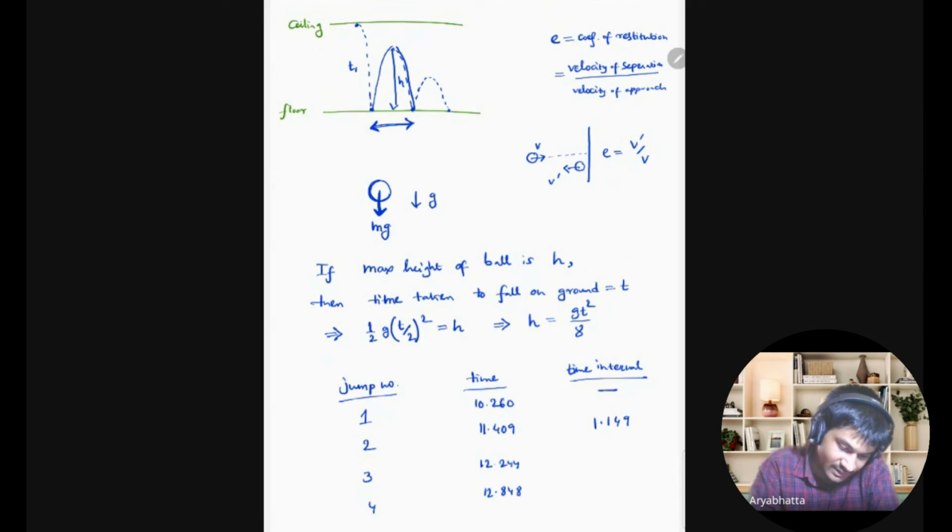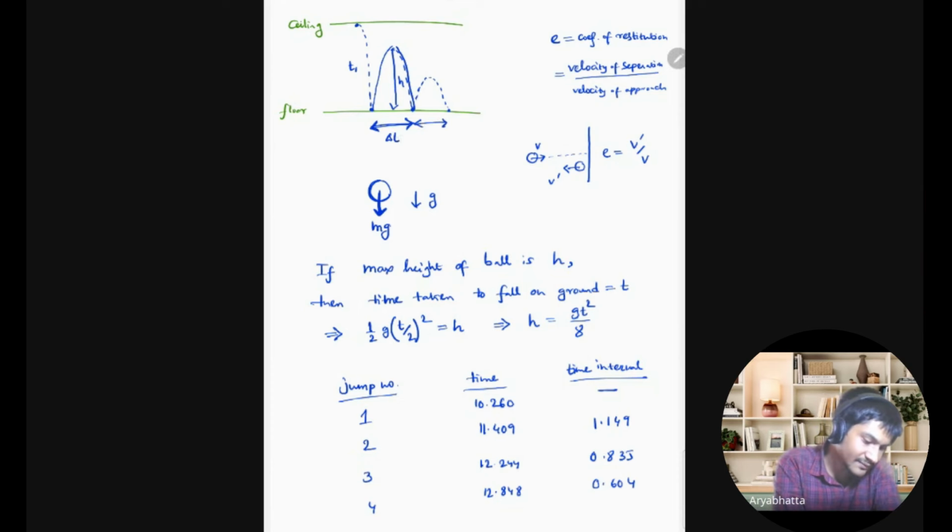Similarly, the time interval for the third jump is 12.244 minus 11.409, that is 0.835. And for the fourth jump, it is 0.604. So you can see that the jump time is decreasing.